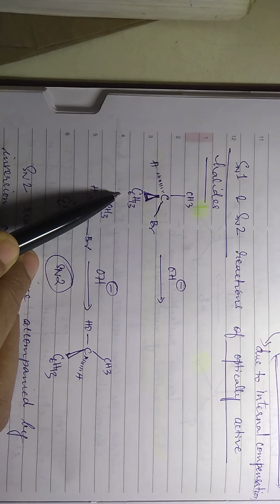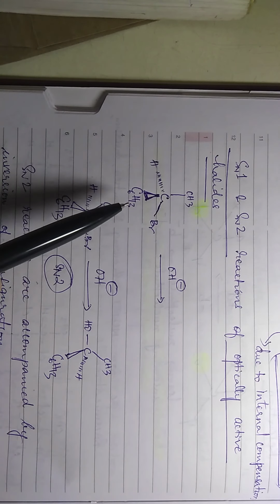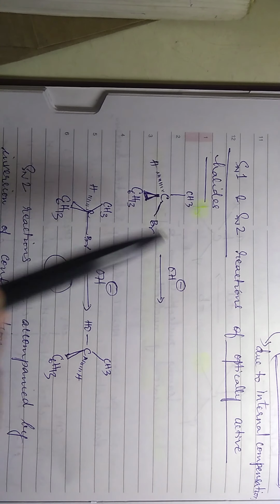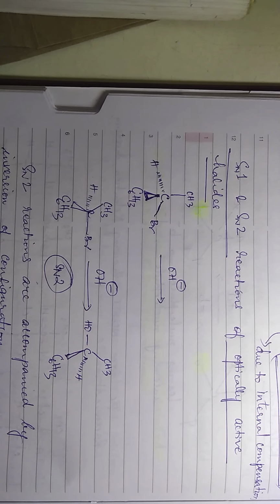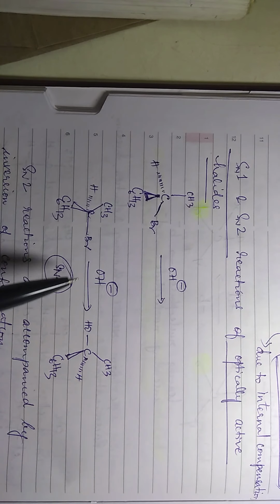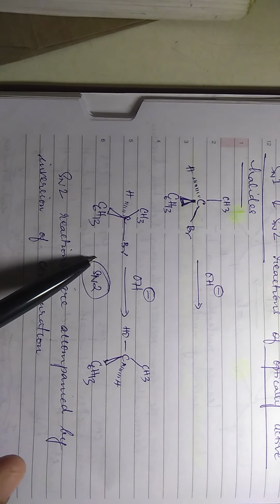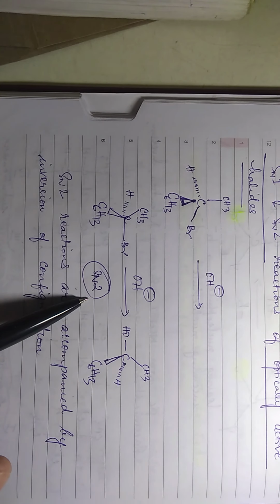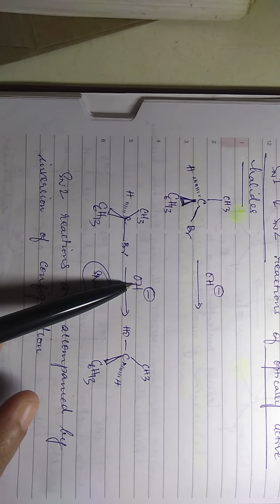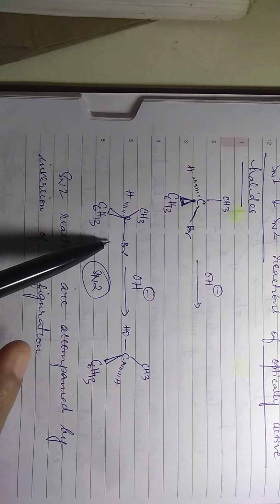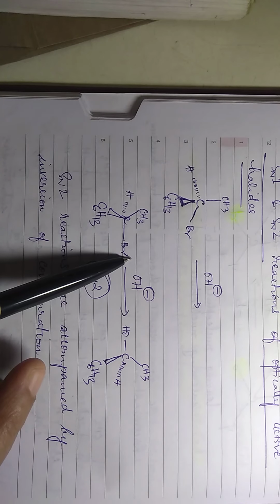Now look at this halide. This is secondary in nature. When it is subjected to a nucleophile, say OH minus, if it is an SN2 reaction, then where will this OH minus come? This OH minus is attached here. Br was to the right of carbon.